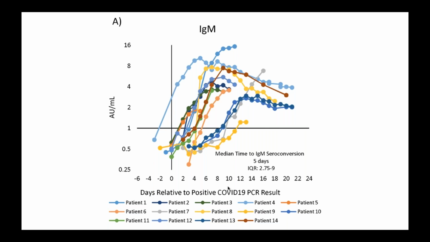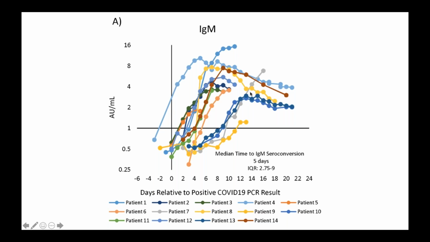That's an important thing to understand: when we look at these standard curves, if whatever patient we're working with is tested within that window and is negative, that doesn't necessarily mean that they don't have any antibodies. It may mean that they were tested too early. As you can see, some patients here didn't really seroconvert until after about 8 to 10 days.